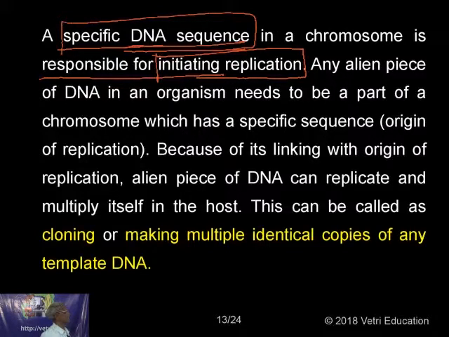Any alien piece of DNA in an organism needs to be a part of the chromosome which has a specific sequence, because of its linking with the origin of replication. The alien piece of DNA can then replicate and multiply itself in the host. This can be called cloning, making multiple identical copies of any template DNA.